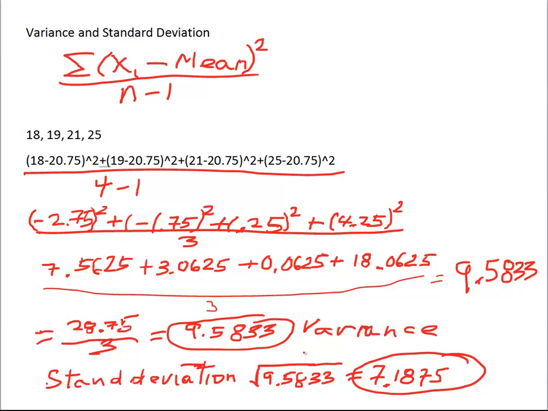Now some teachers or some people might say, well, what if you only have a class of 4? So instead of the sample variance and standard deviation, what if you're trying to calculate the population's variance and standard deviation? Well, if you're trying to do the population, instead of dividing by 4 minus 1, you divide by just the total number of observations, or actually the total population.